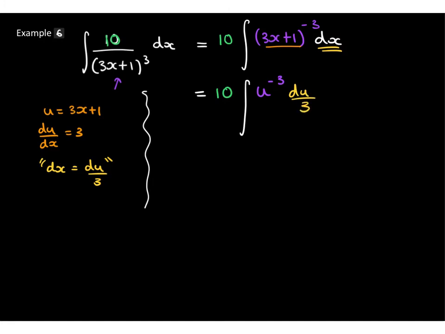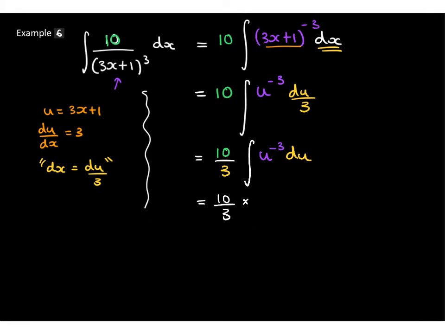So again, I'm going to pull out that factor of a third into the denominator outside as a multiple of the whole integral, and it just makes the integral a little bit simpler if we can focus on u and then just deal with all the constants afterwards. So we've got 10/3 here.